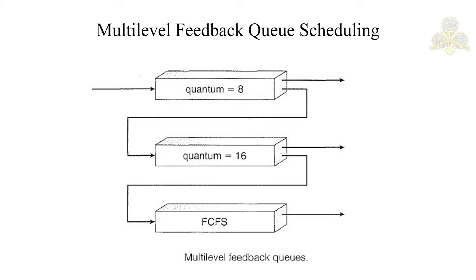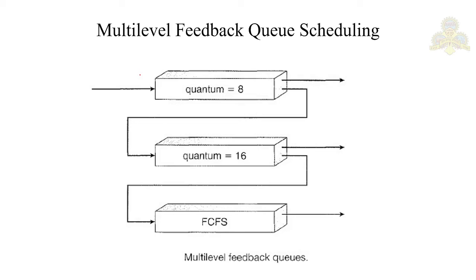So if there are separate queues for foreground and background processes, the process will not move from one queue to another, because processes do not change their foreground or background nature.